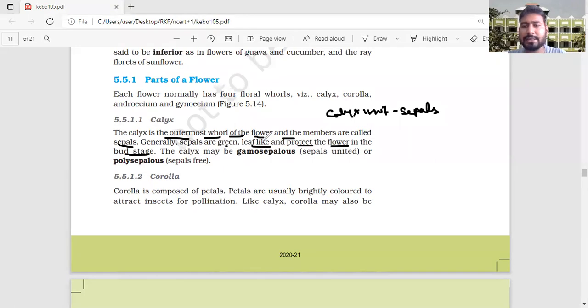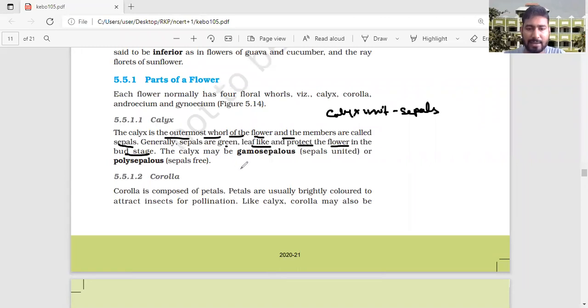In the bud stage, which means when the flower has not properly bloomed, the calyx protects it.